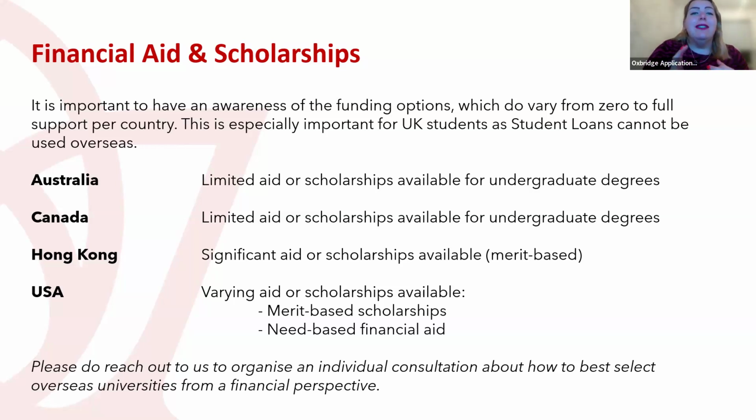And then if there is a gap between what the school is expecting as the full cost of attendance and what family can afford, they may be able to meet that difference in the form of a grant or an arrangement. But not all places do that. So it's again important to just be aware of these financial implications.